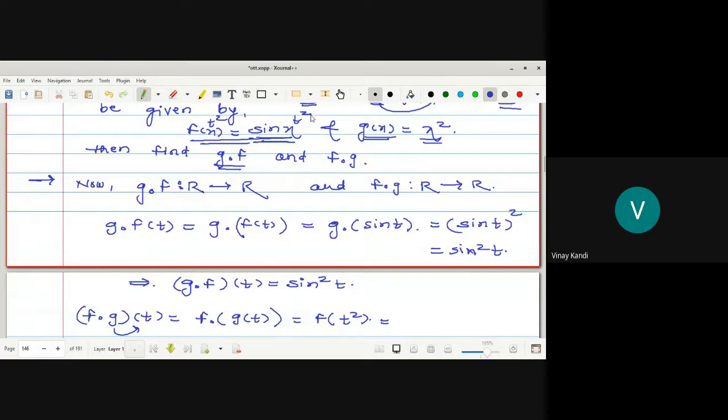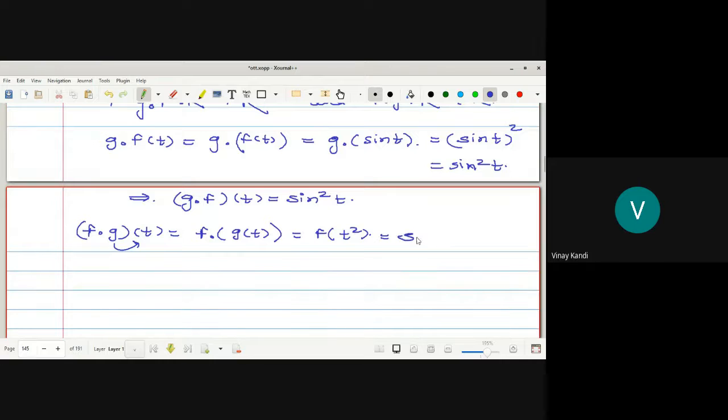Here we get sin T squared, not sin square T. The whole sin T squared is sin square T, and here it is sin of T square. So f composition g of T is equal to sin T squared. So these are g of f of T and f of g of T.